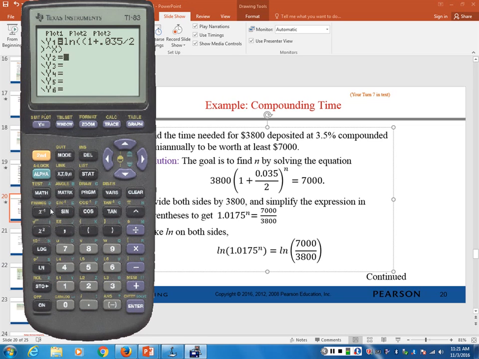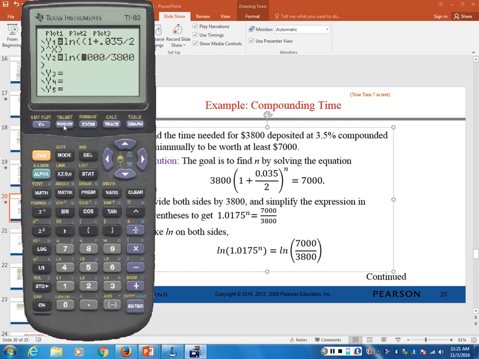So you just ask for the natural log of 7,000 divided by 3,800. And I don't think I needed all those parentheses, so let me get rid of the one I started. And in this case, there's 2 or 3 different ways you can do this.